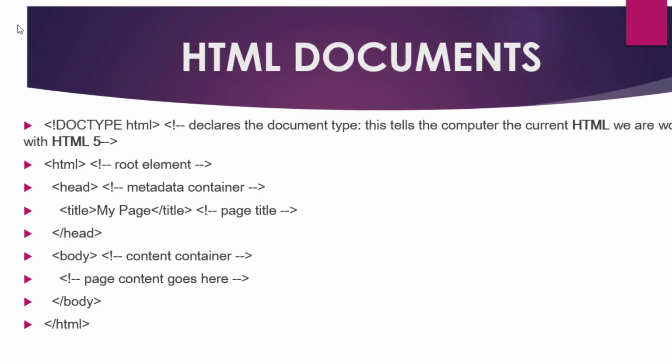Remember, a couple of minutes ago I told you that in this tutorial we're going to be learning HTML5, and you might be wondering, for us to have HTML5, that means we have HTML4, 3, 2, and 1. Yes, you're right, we have HTML1, 2, 3, 4, and 5. But in this tutorial we're going to be learning HTML5 because it is the most currently used, and it has tags updated and good.